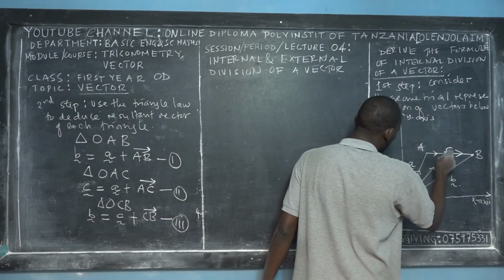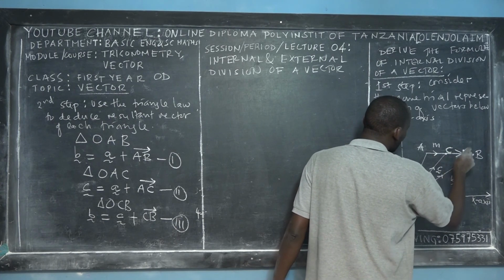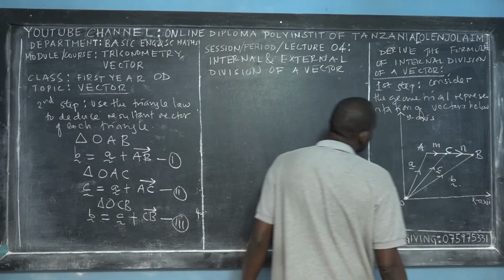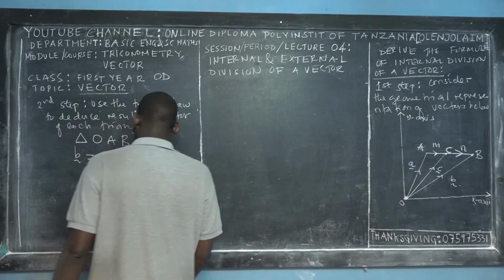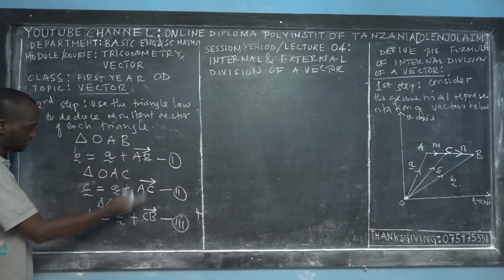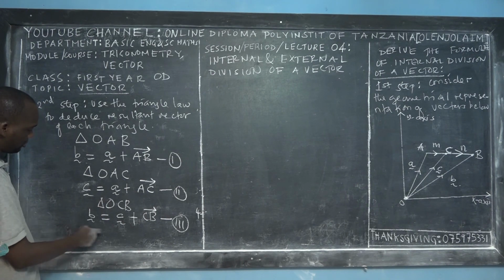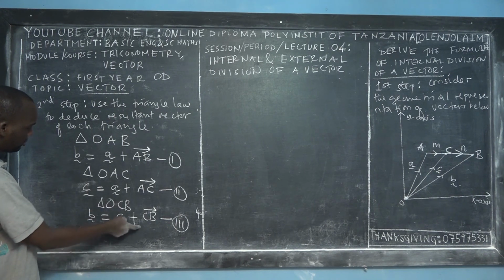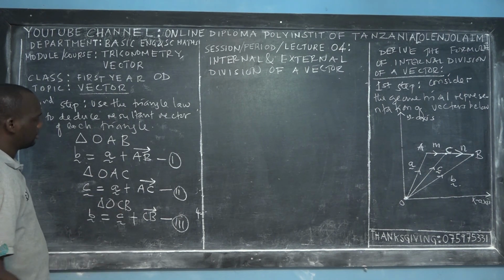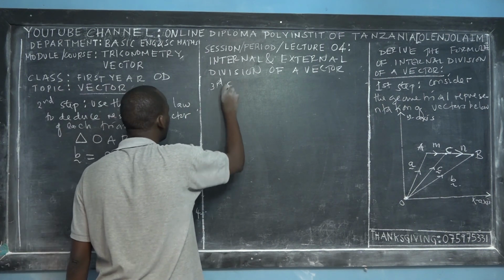Suppose that A to C is M, and C to B is N. We could substitute and eliminate C or B, but it will be just moving around. So we go for the steady state of our derivation.